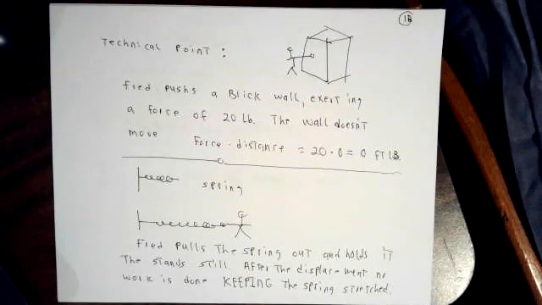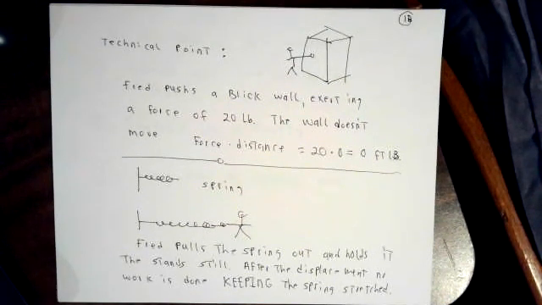There's a technical point we need to be aware of. In ordinary English, when you say that you're doing work, that makes an image in your mind of exerting effort or doing something of this nature. In the technical definition of work, it's a little bit different.